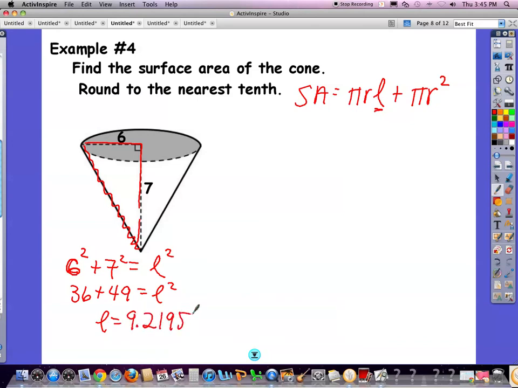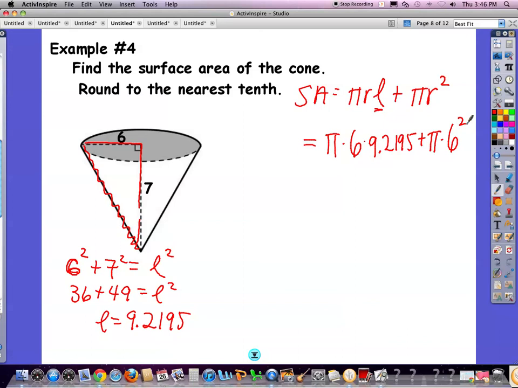So now I come up to my formula. I've got a pi, I've got a radius, I've got a slant height of 9.2195 plus a pi plus a radius of 6, and then I'm going to square that. And once again, let's just type in your calculators. Make sure you know if you're doing this right.